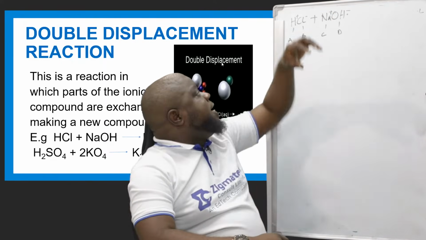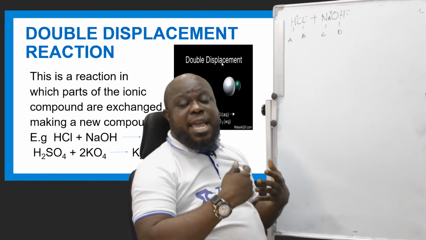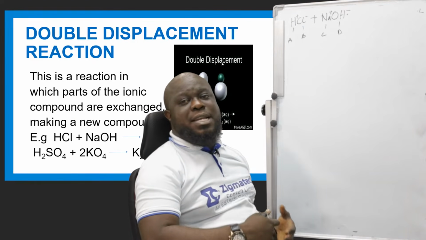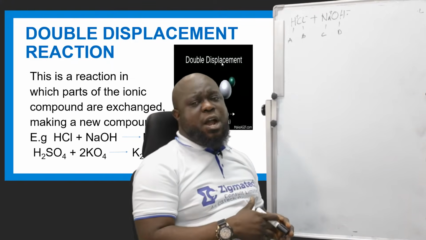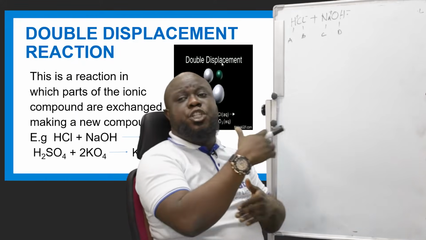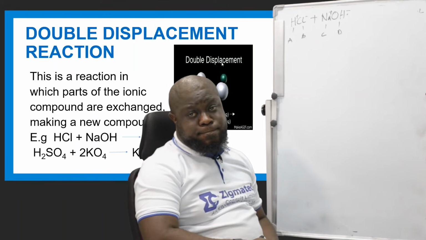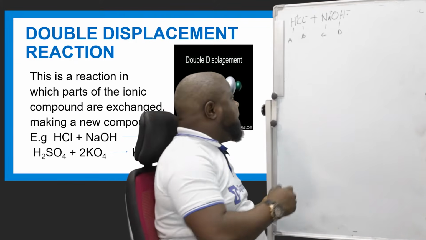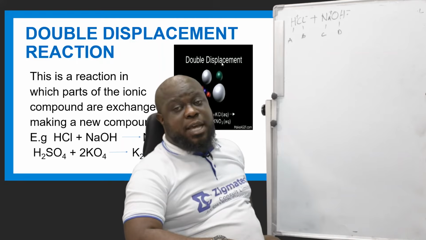Now we know that these signs up there are the ions. They are the charges. Do you understand what I'm saying? In that context, these charges must be exchanged in giving us new compounds.